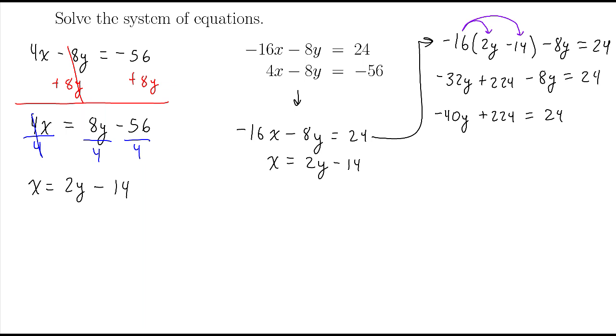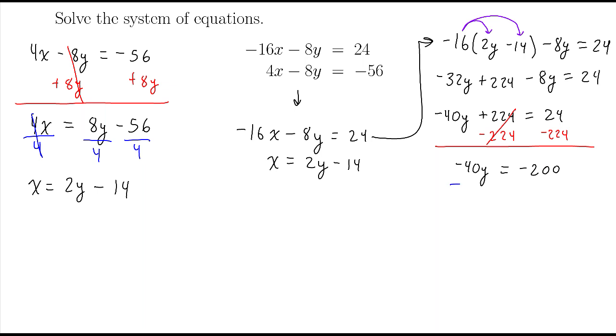Okay, so now let's get rid of the constant term on the left side. Subtract 224. I don't want any constant terms on my left side. That leaves me with negative 40y equals 24 minus 224, which is negative 200.